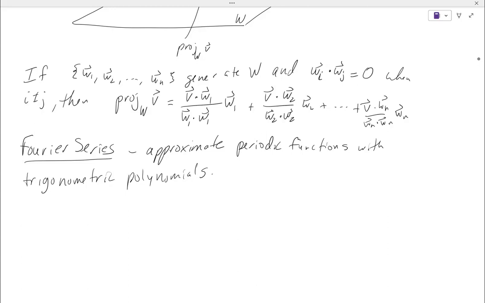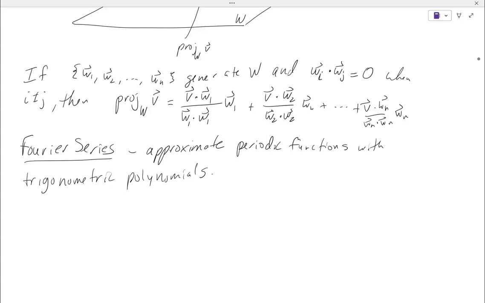So just to give a little bit more of the conceptual part behind things, I need to talk about how we define what we mean by a dot product when we're talking about functions. Okay? All right, so let's do that a little bit.